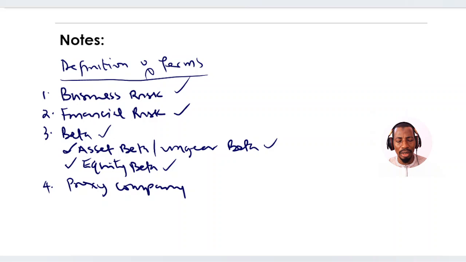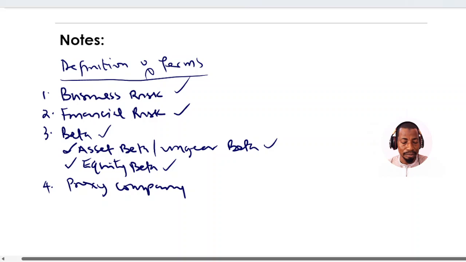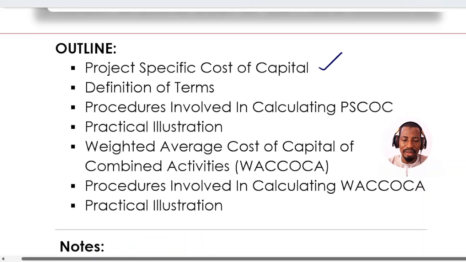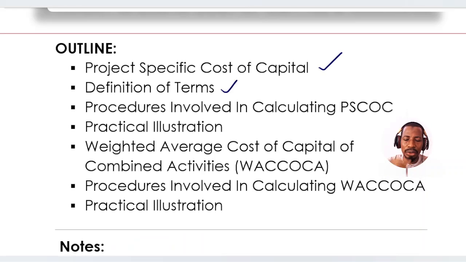So these are all the terminologies that you need to get familiar with as far as calculating project-specific cost of capital is concerned. So let's talk about how you estimate project-specific cost of capital. The project-specific cost of capital will be computed by carrying out the following procedures.